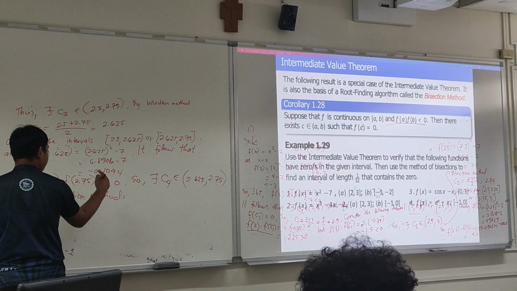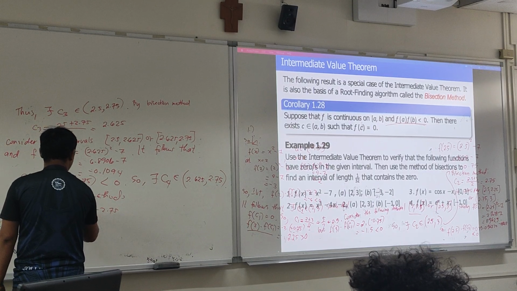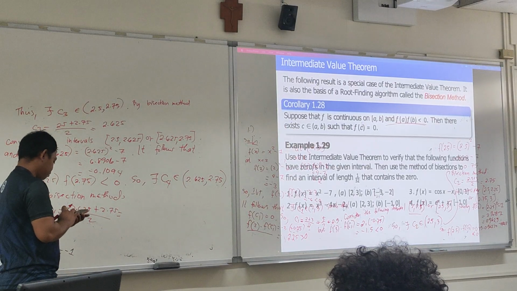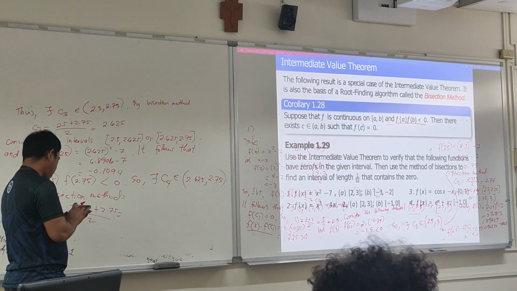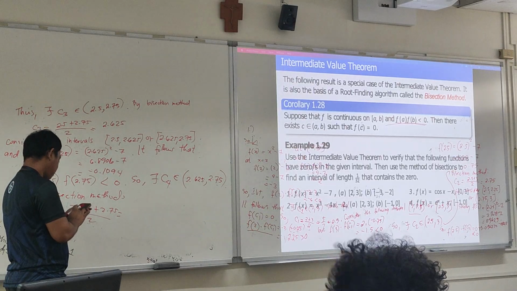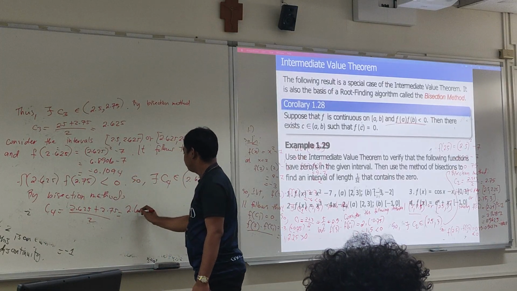Your C4 is 2.65 plus 2.75 divided by 2, that is 2.675.